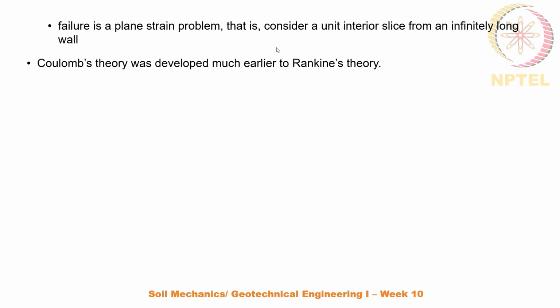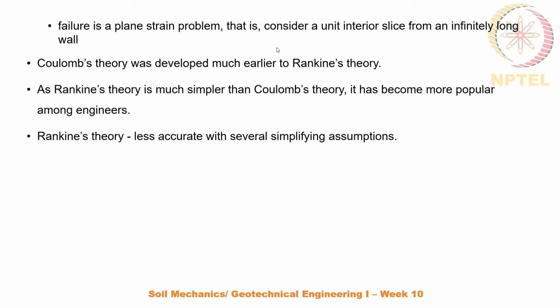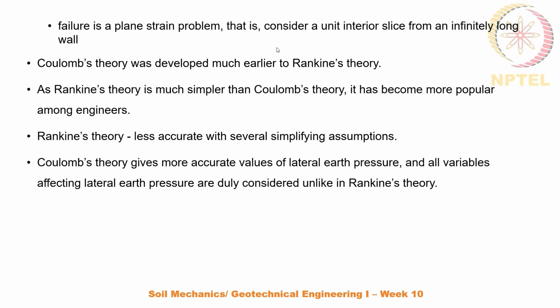And coming to the second statement about the accuracy, Coulomb's theory was actually developed much before Rankine's theory. Rankine's theory is much simpler to adopt, so it has become popular among the engineers rather than Coulomb's theory. But the fact is that Rankine's theory is less accurate because it has several simplifying assumptions. For example, it doesn't even consider the wall friction.